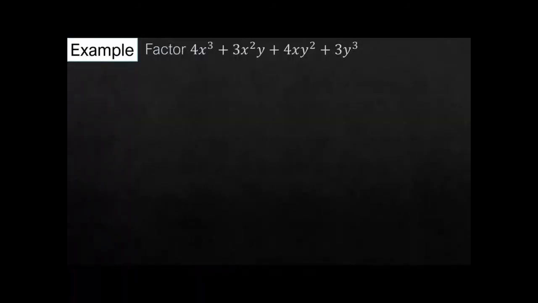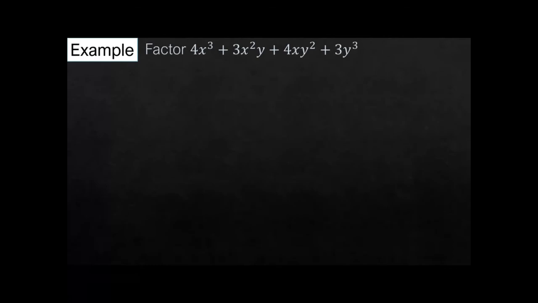So I've got a few examples here to work through the process so you can see. And my last example is going to be a little tricky, just to show you that you could end up with some tricks. So we're going to factor 4x cubed plus 3x squared y plus 4xy squared plus 3y cubed.